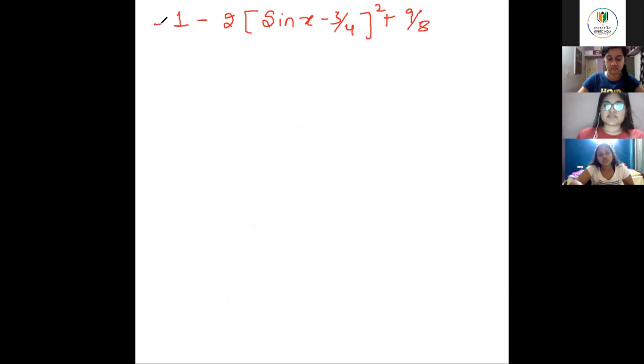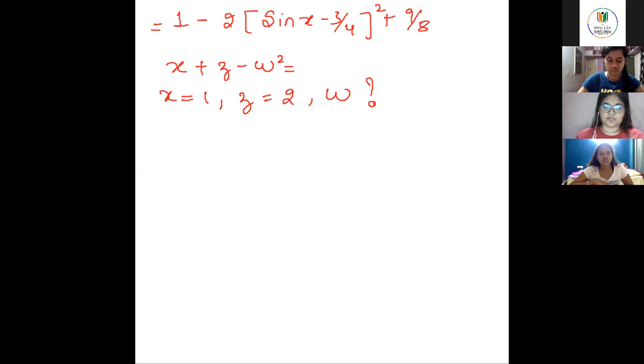Okay, this is my final answer. Now forget this for one time. I'm writing x plus z minus w square. I take the value of x to be 1, z to be 2. Now tell me, what value of w should I take so that this function is maximum?